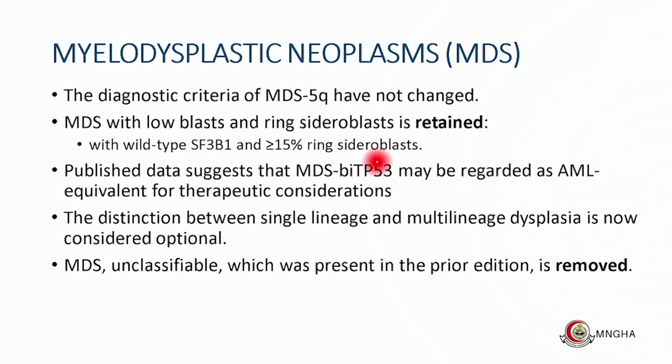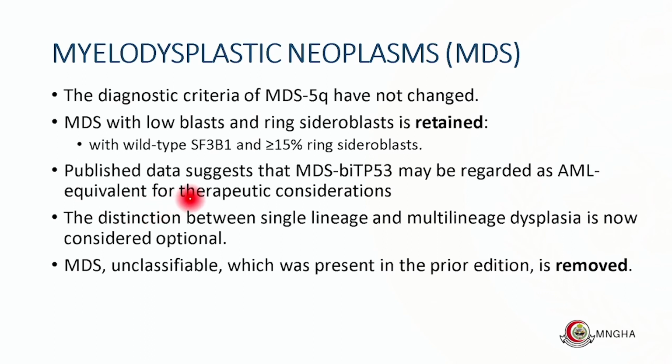They kept it as an option to call the subtype MDS with low blasts and ring sideroblastosis instead of low blasts with SF3B1 mutation, or we can use it in the beginning if the ring sideroblasts are more than 15% or if the patient is negative for SF3B1 mutation. So it's optional to use this diagnosis, especially if genetic testing is not available.